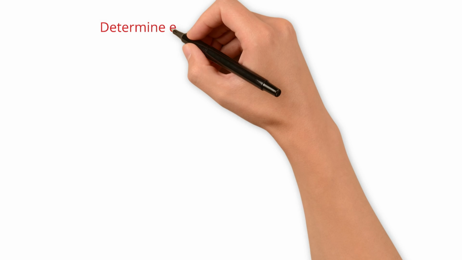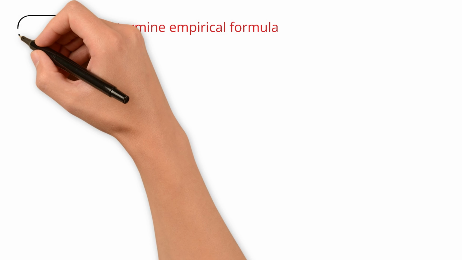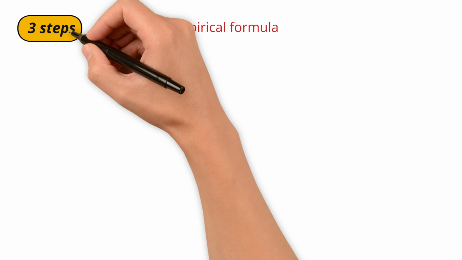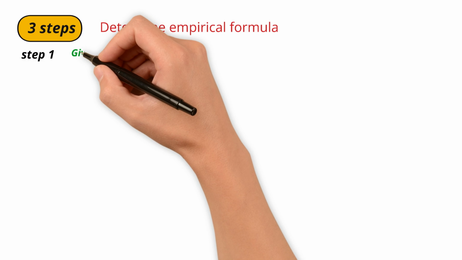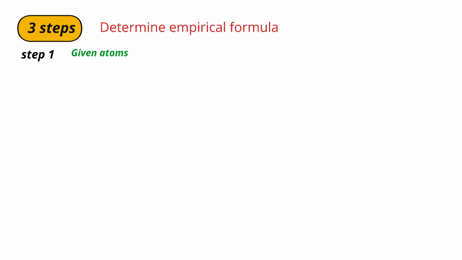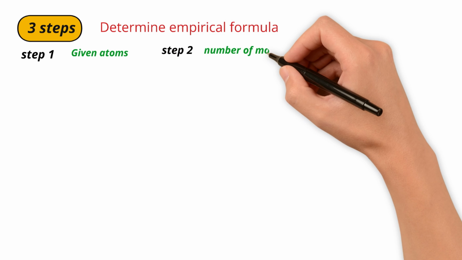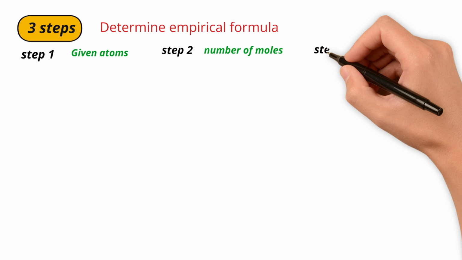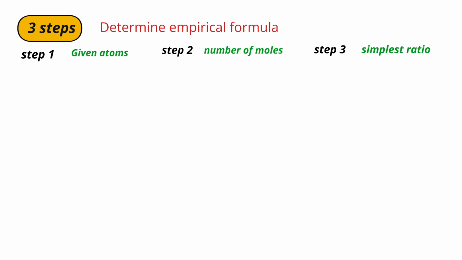Determine the empirical formula. We have 3 steps to determine empirical formula. The first step, given atoms. The second step, number of moles. The last step is simple ratio. Now let me give you an example.